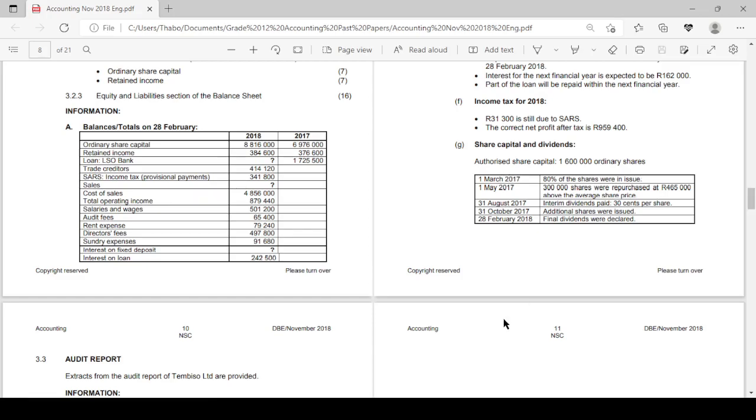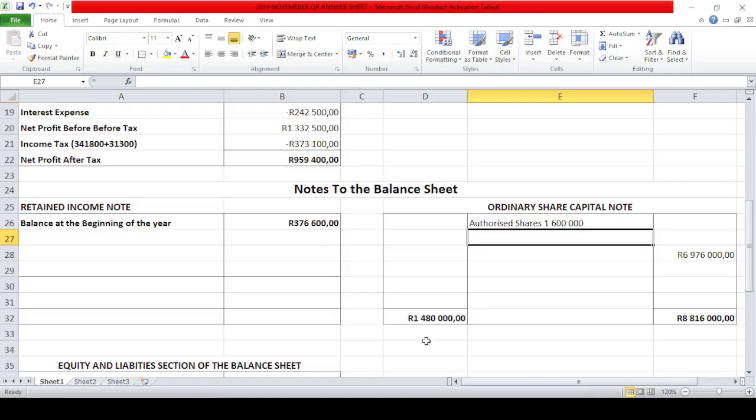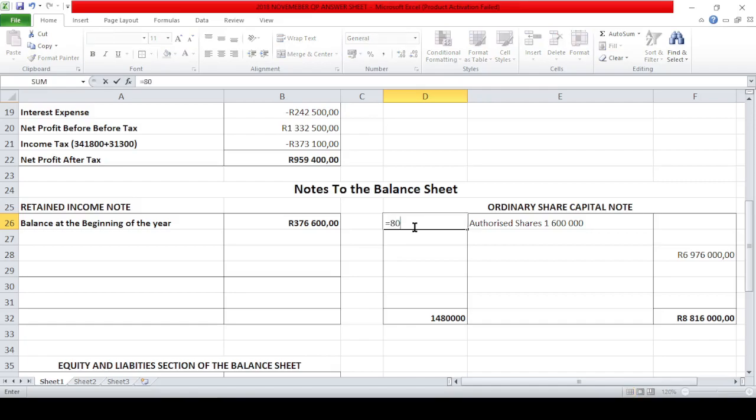So on 1 March 2017, which is at the beginning of the year, 80% of these shares were in issue. Here you shouldn't have currency, let's do it general. So it's going to be 80% times 1,600,000.